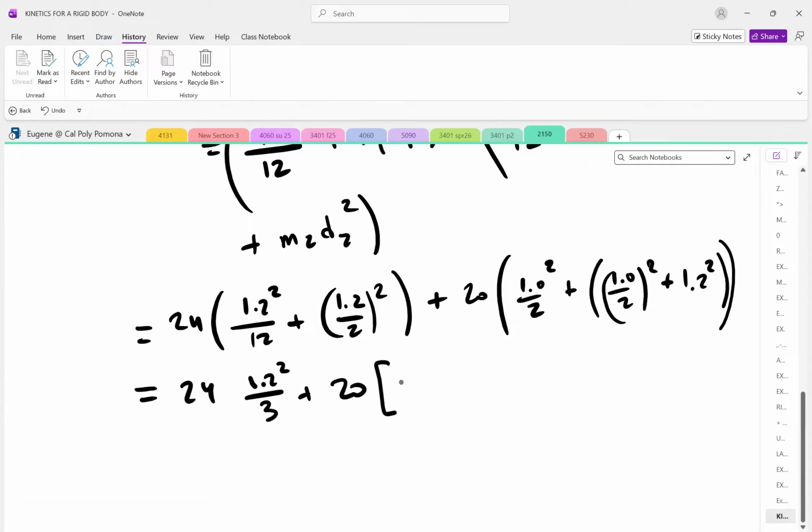That's going to be 2.19, and the total is 55.32. Mass is in kilograms, and that's going to be meters squared.